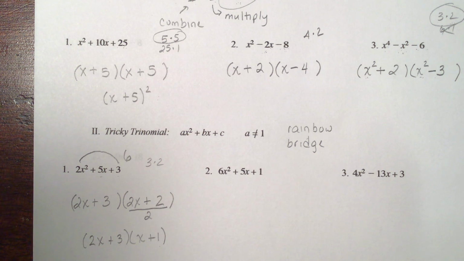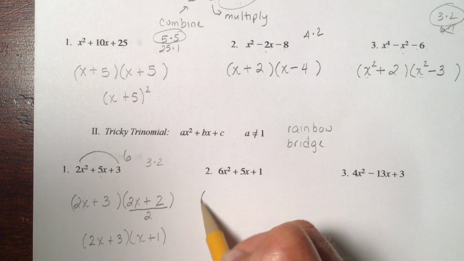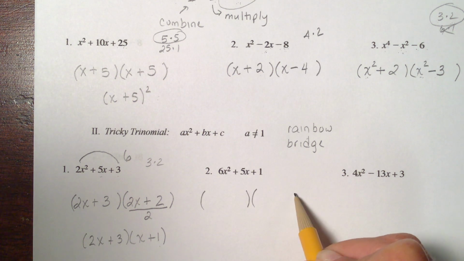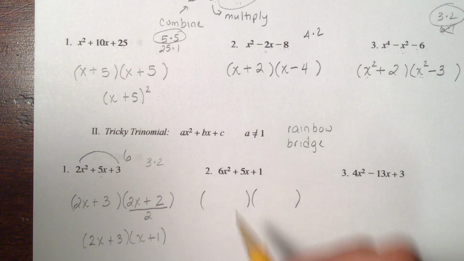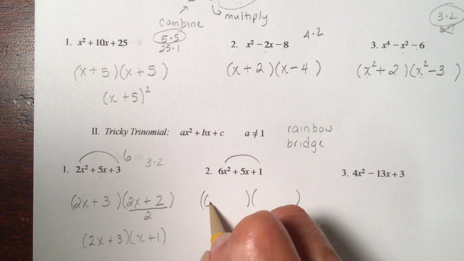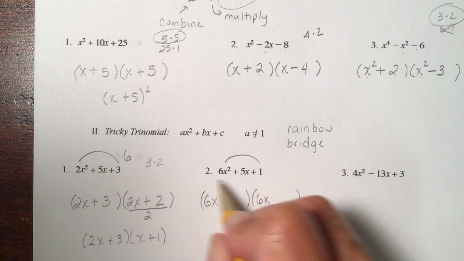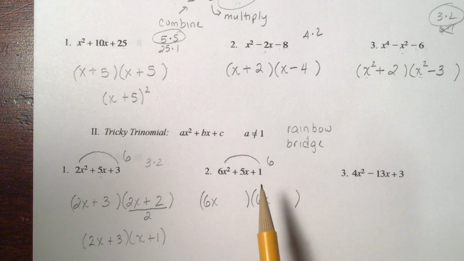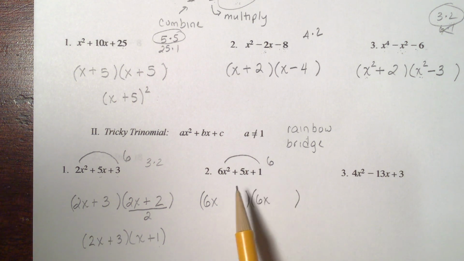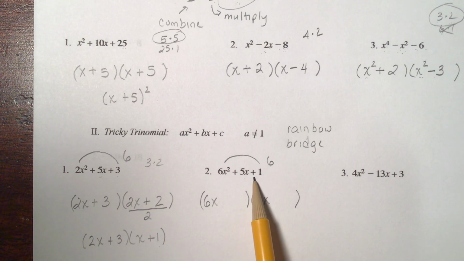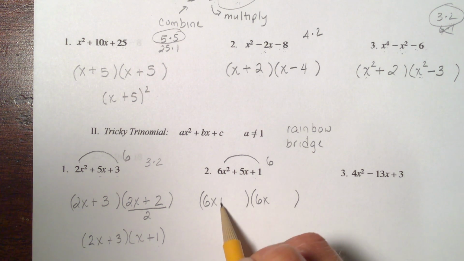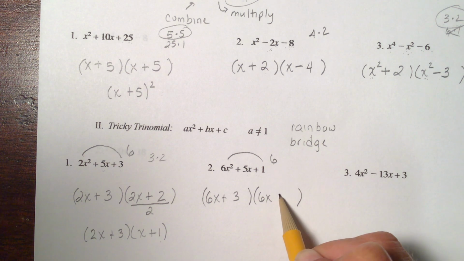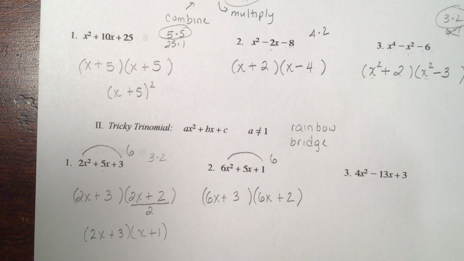In the next example, 6x squared plus 5x plus 1. My double bubble. 6x, 6x, 6 times 1 is 6. So once again, I need 2 factors that multiply to 6 and combine to give me 5 and are both positive. And that again is going to be 3 and 2.